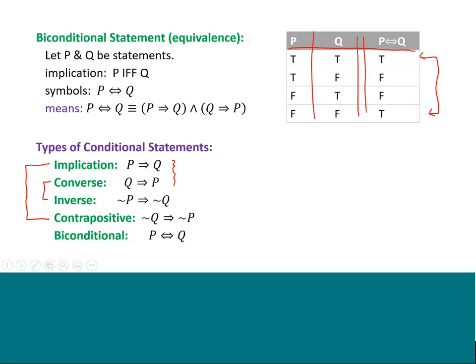There's not. The only relationship between these 2 is the fact that you're using the same simple statements to build them. Now, the biconditional statement is when there is some sort of relationship between your implication and your converse. The biconditional statement is when your converse and your implication are both true statements. Or at least that's when we typically like to use them. So that would be the terminology.